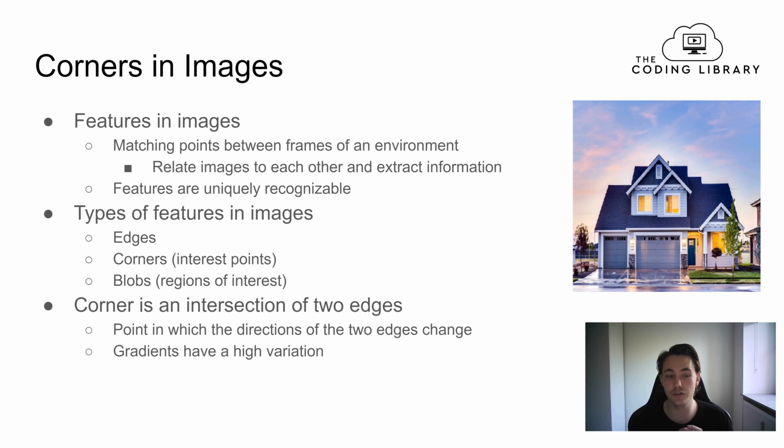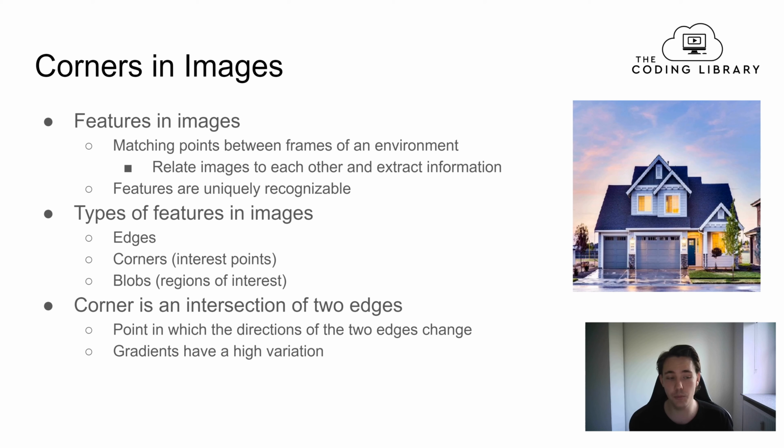Features are uniquely recognizable in images, which is why we can use corner detection to relate images together: the features we're detecting, like edges and corners, are uniquely recognizable.